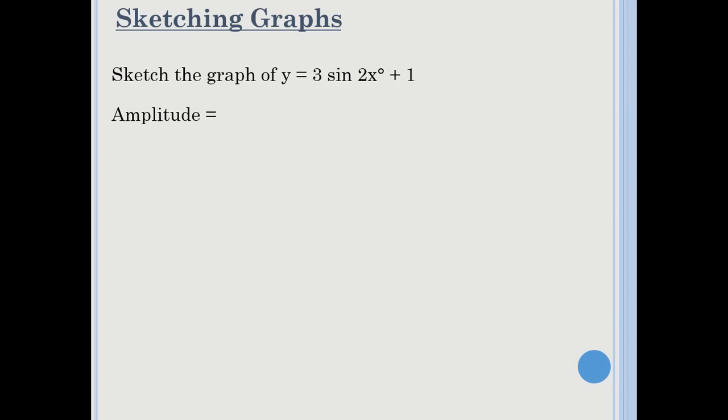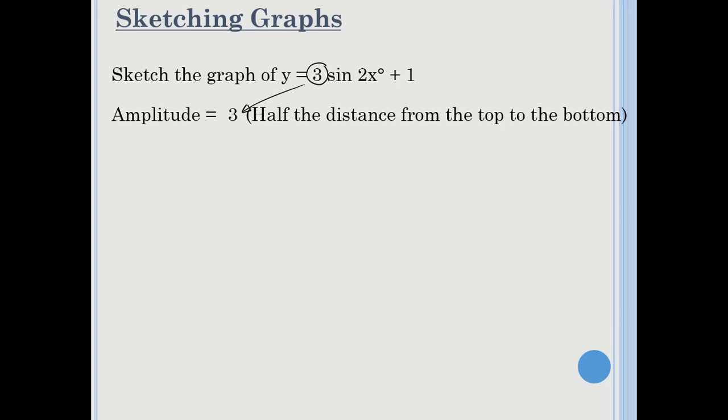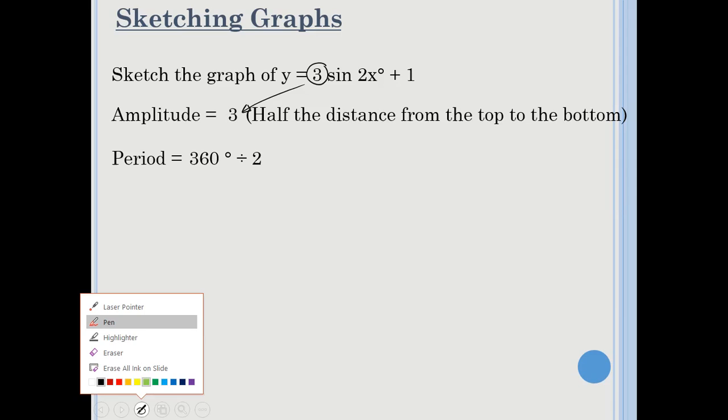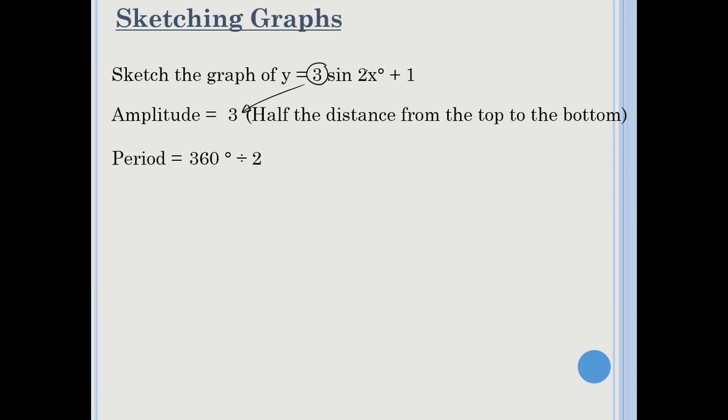We need to know our amplitude for drawing a graph, and it is going to be 3, because we've got 3 here. The period is going to be 360 divided by 2, and we know that the 2 is coming from here.